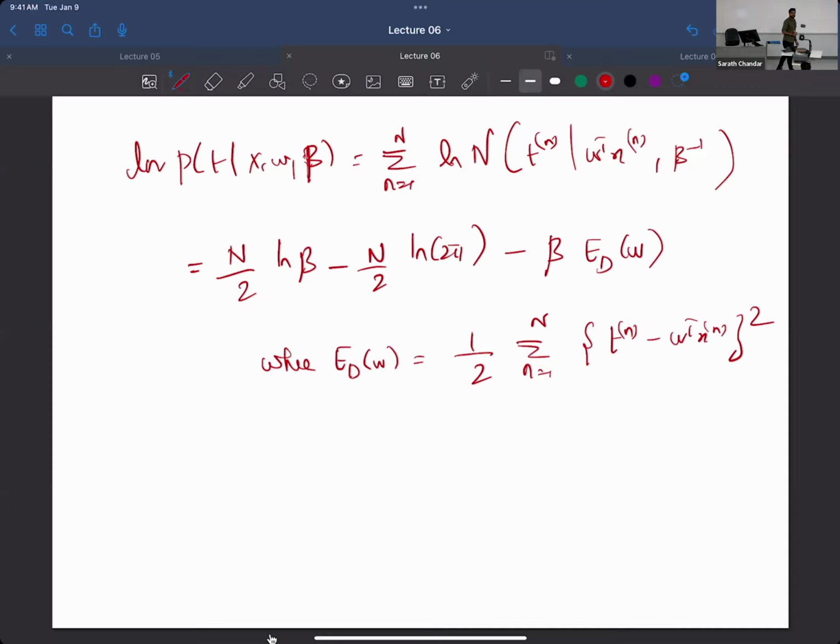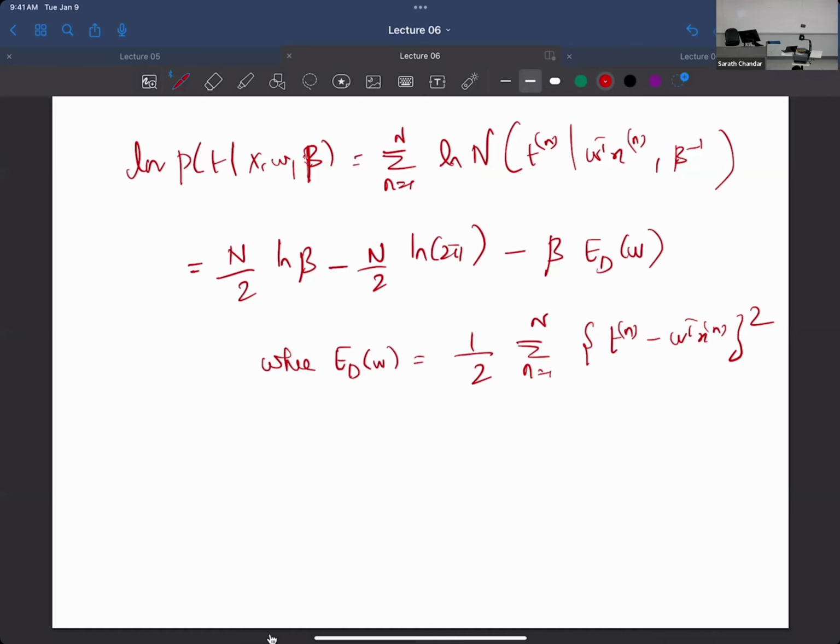I'm skipping the derivation; just substitute the PDF of the Gaussian distribution here and do some simplification.